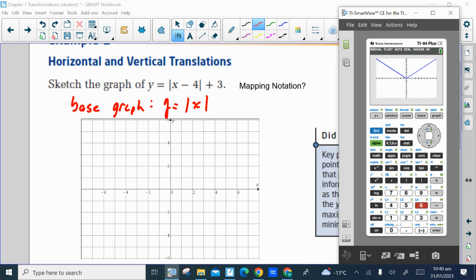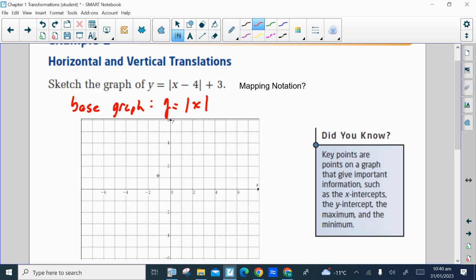An absolute value graph is just a big V. The absolute value of -1 is 1, so that is the point -1, comma 1. The absolute value of -2 is 2, of -3 is 3, of -4 is 4.